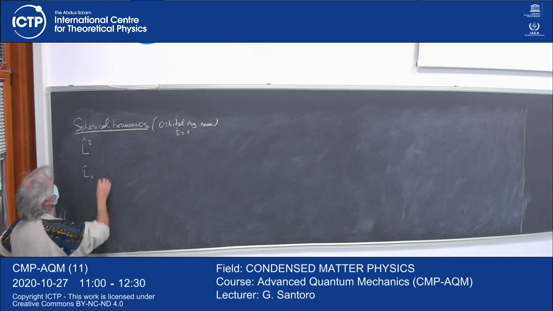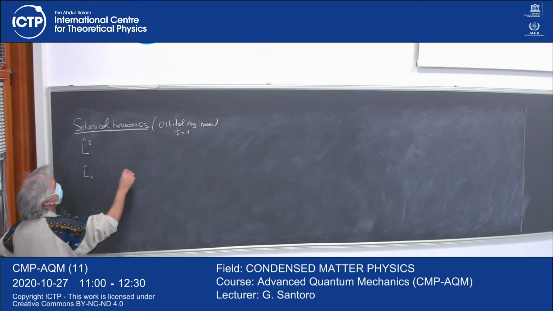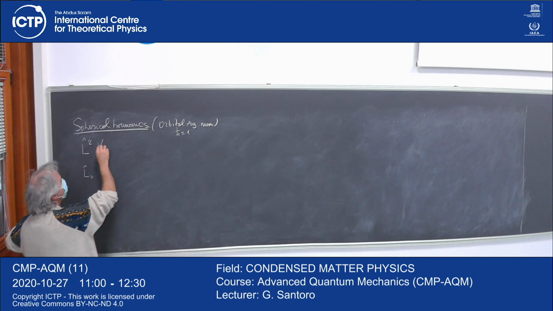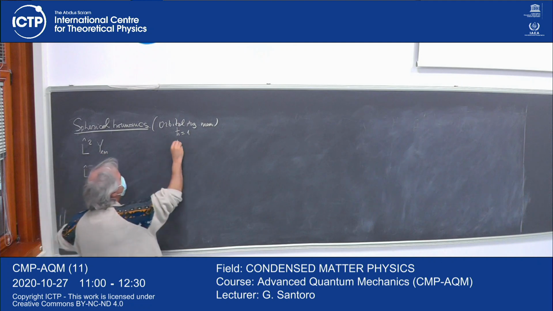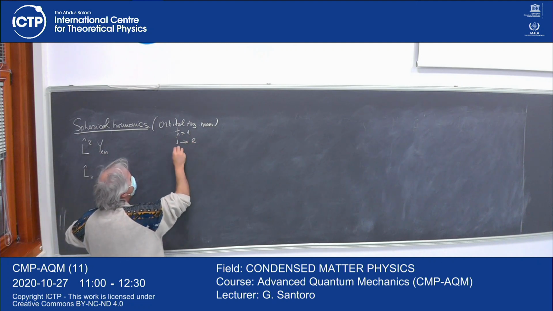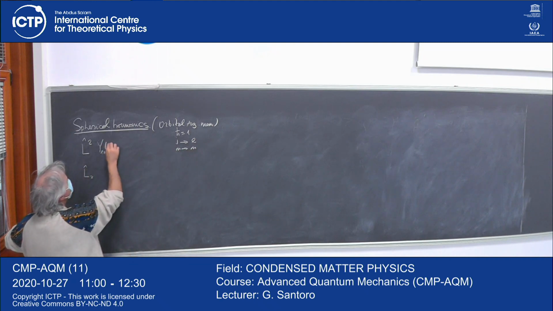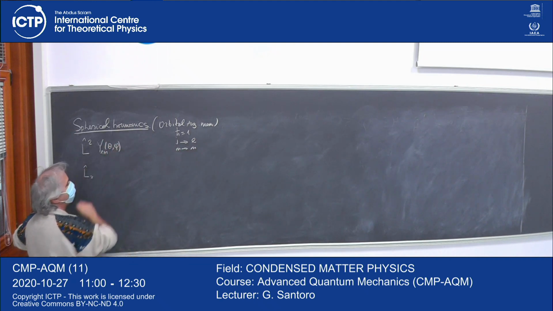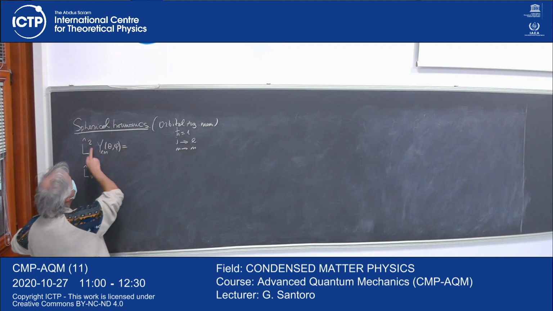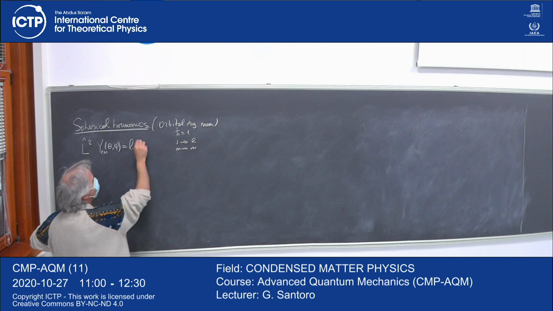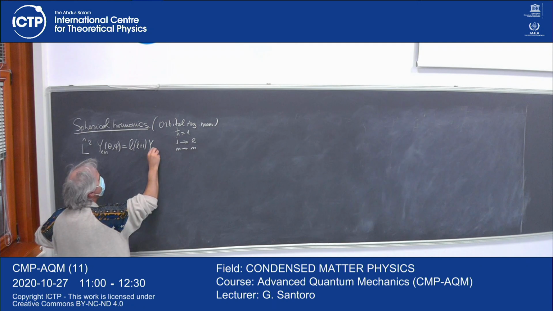In the previous notation we would use J and M. Here, since this is a function, rather than J I will use L, and M will still be M. So these are functions of theta and phi, remember? And the only possible values of L squared or J squared are L times L plus 1, times the same function.